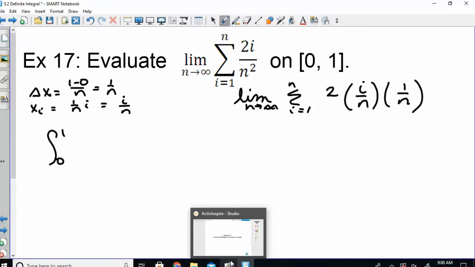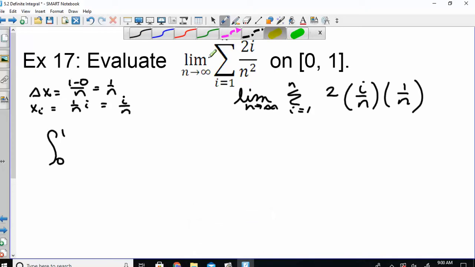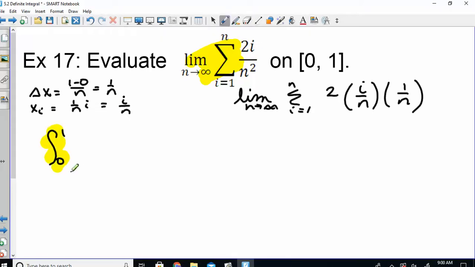Do you guys agree to that point? You see what I did? Now here's how this helps us. The limit and the sum part turn into the interval.